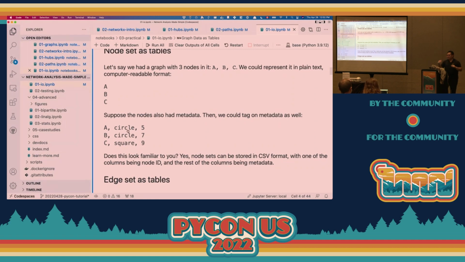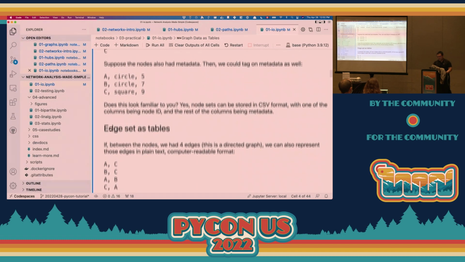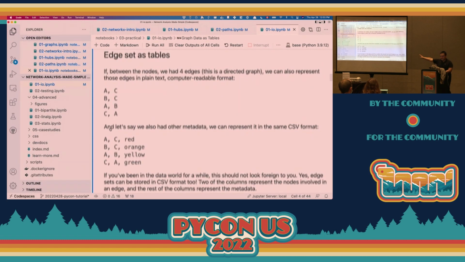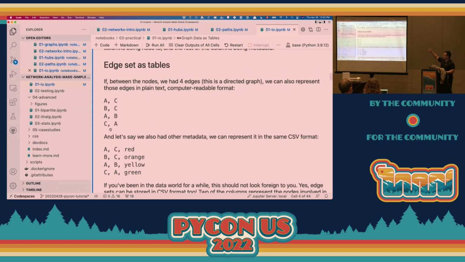If you had metadata, you could tag it on, like a comma-separated file that looks like this. The same can be said for edge sets: one row is one edge, and if you had metadata on top of it, you can represent it in a CSV format too.